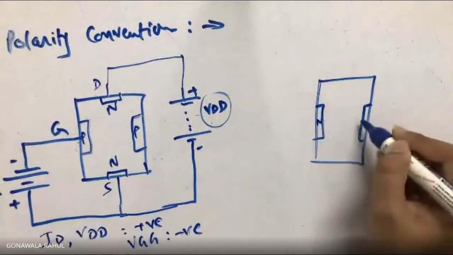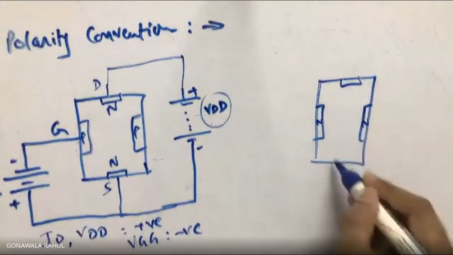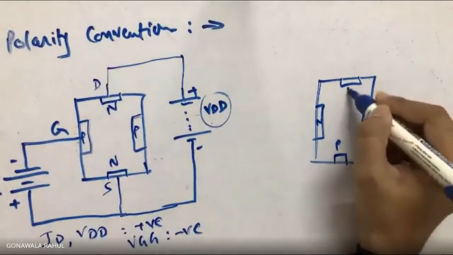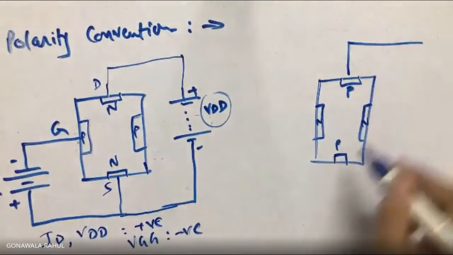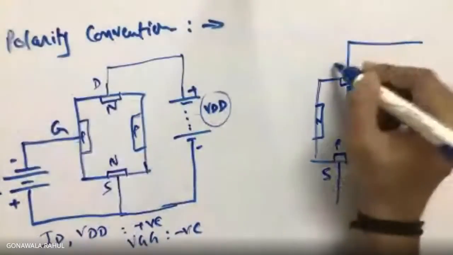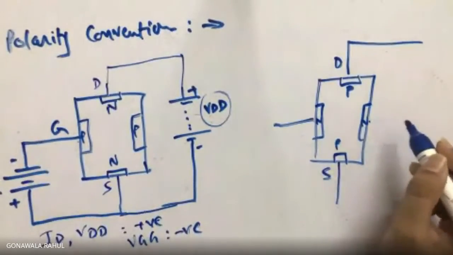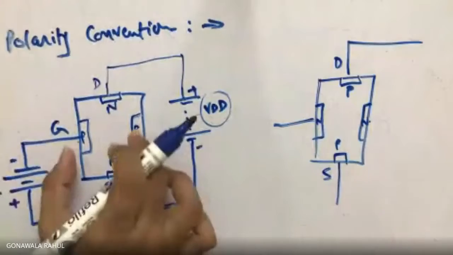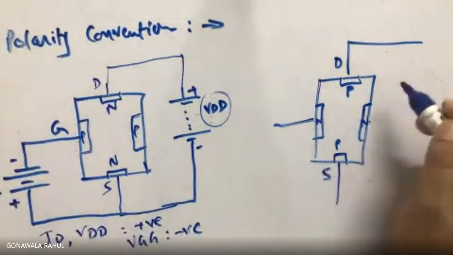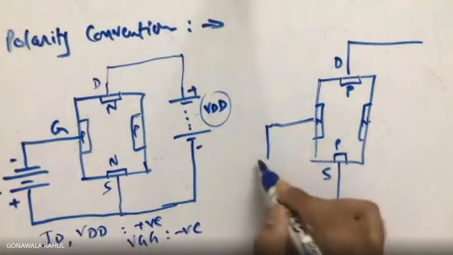Let's say this is N, this is N, and since it is a P channel, write down here P. This will be drain, this will be source. These two gates are connected, so only one I have designated here.